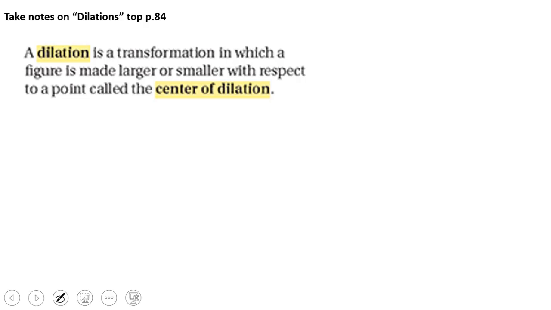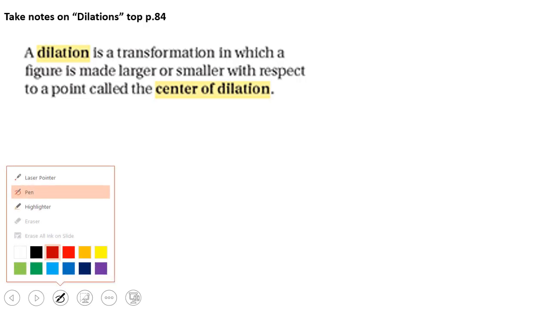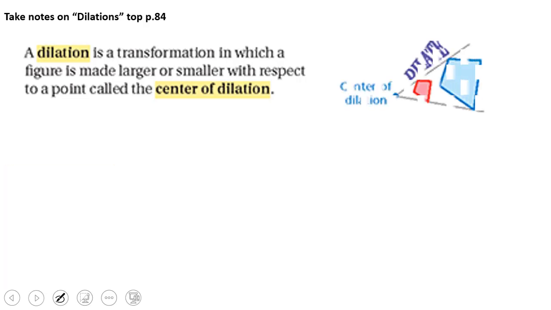Ladies and gentlemen, a dilation, of course, is our fourth transformation, in which the figure is either made larger or smaller with respect to a point that we call the center of dilation. If you look at the picture I provided, you can see that you have two figures, and this is important to notice.